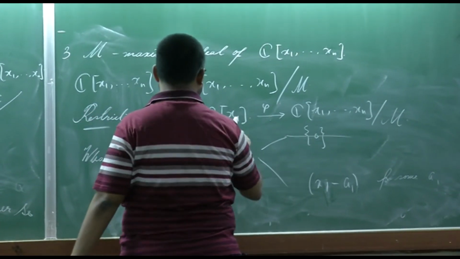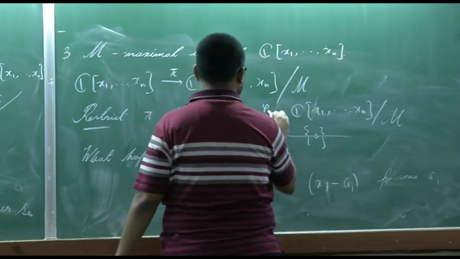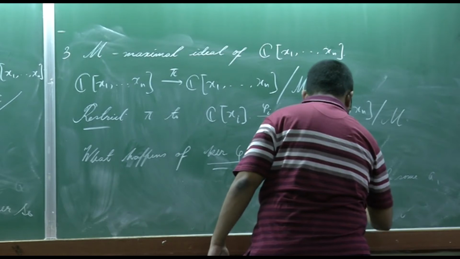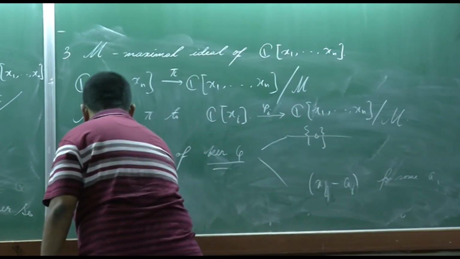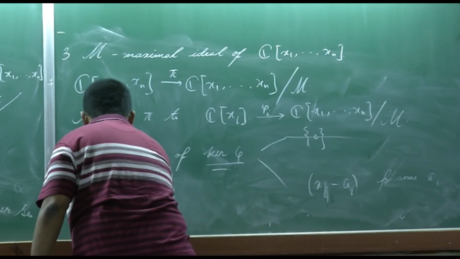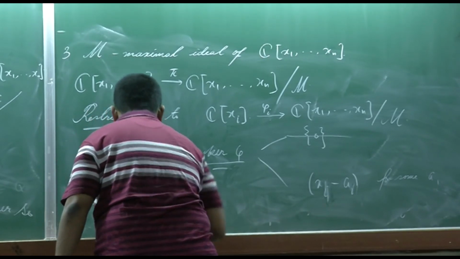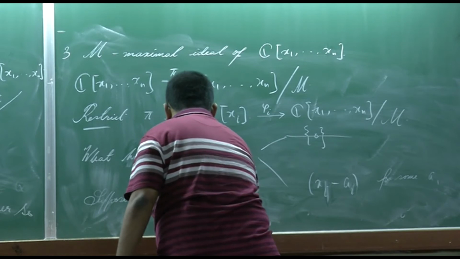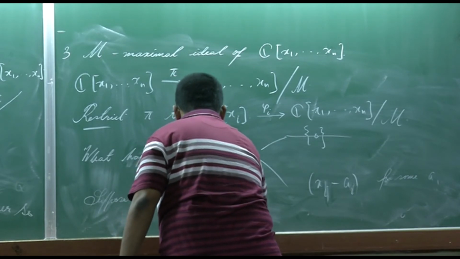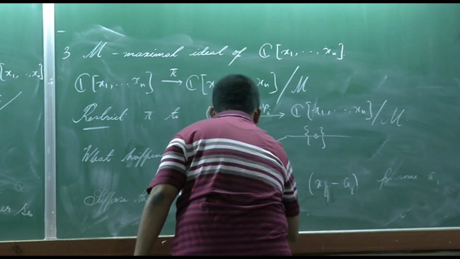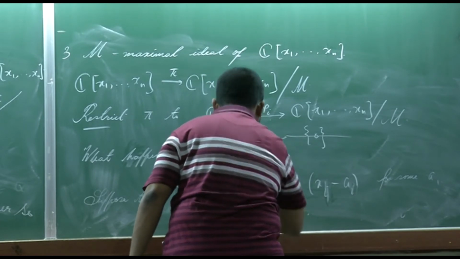The better way to put that is calling it phi i. So suppose that I establish that for every i, the kernel of phi i is not 0.